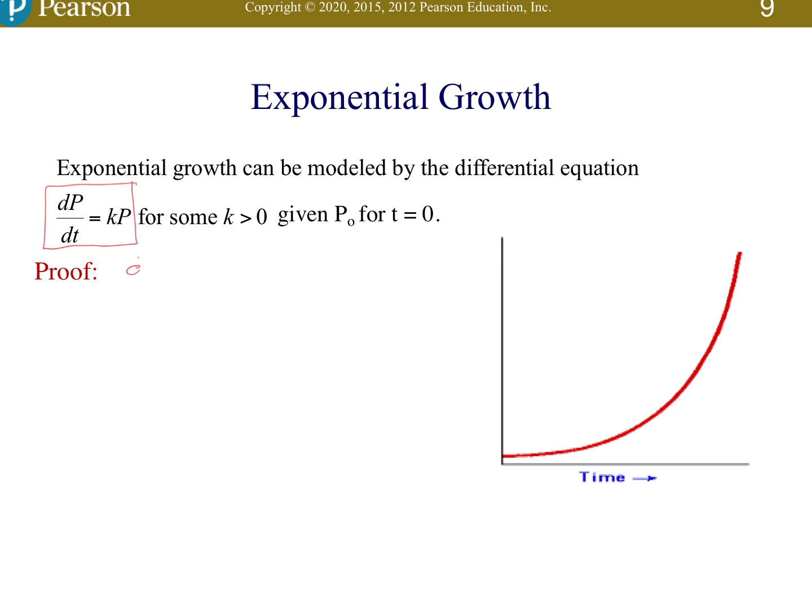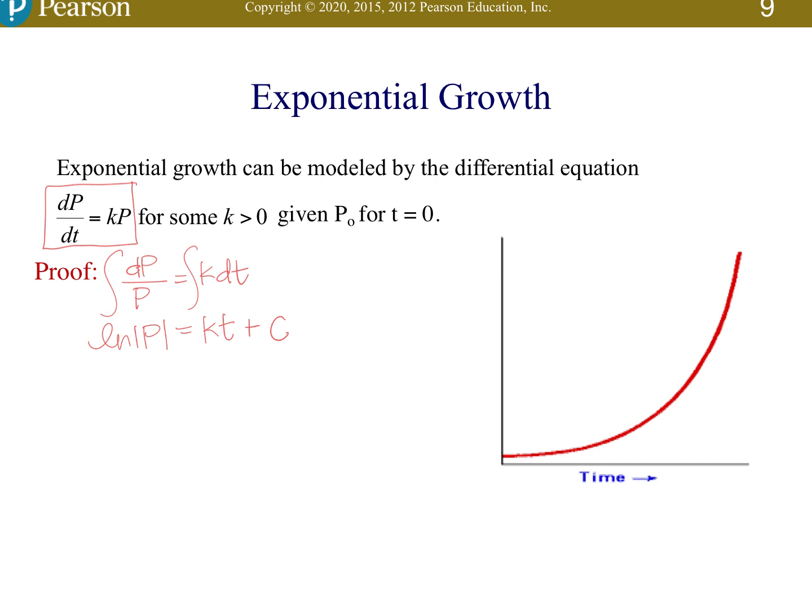If we separate, so dP over P and k dt, this is going to lead to an exponential relationship. So we're going to integrate both sides. That'll give me the natural log of the absolute value of P equals kt plus a constant c.